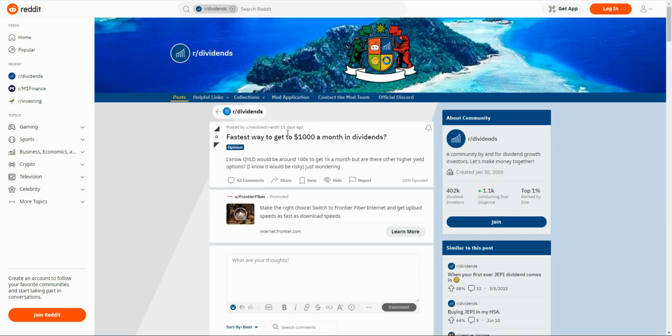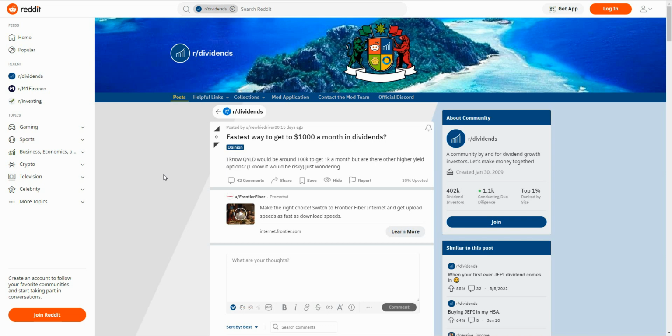And when you see goals like these, people, of course, want the easiest way to get to $1,000 a month in dividends. "They know that QYLD would be around $100,000 to get $1,000 a month, but are there higher yielding options? I know it would be risky, just wondering."